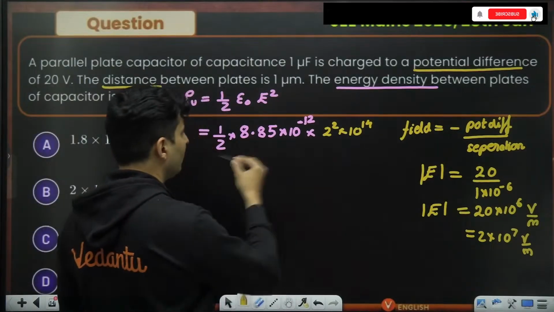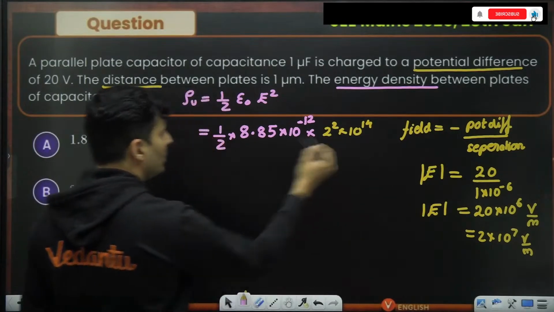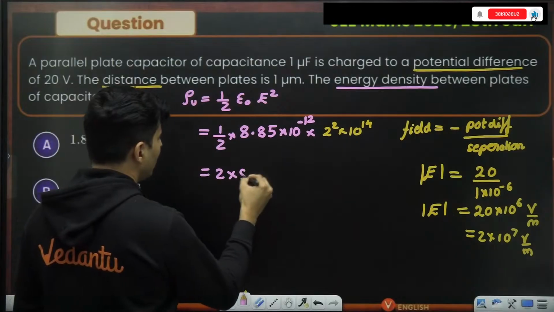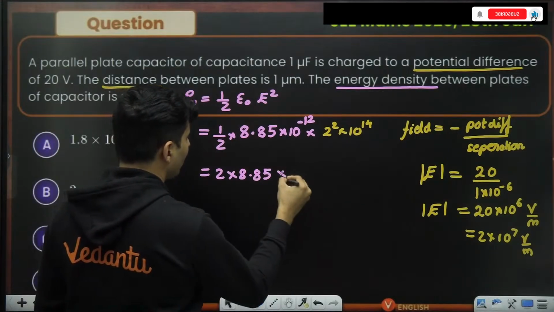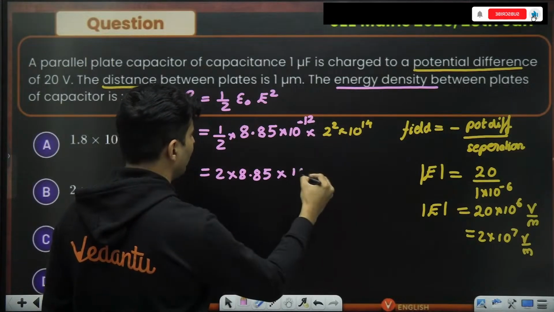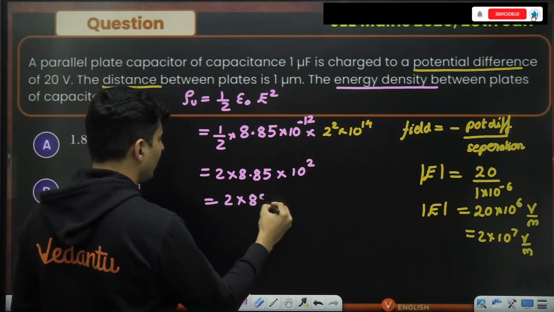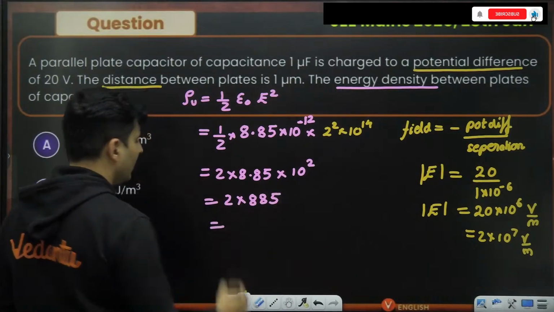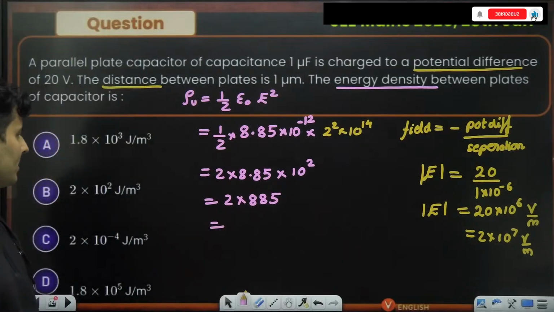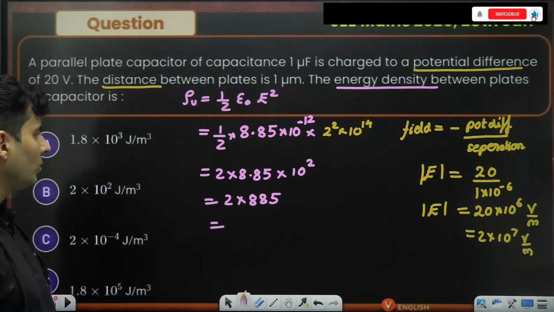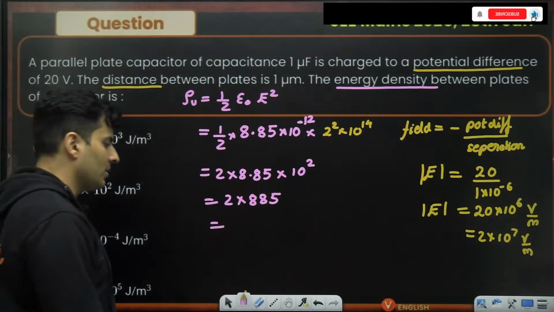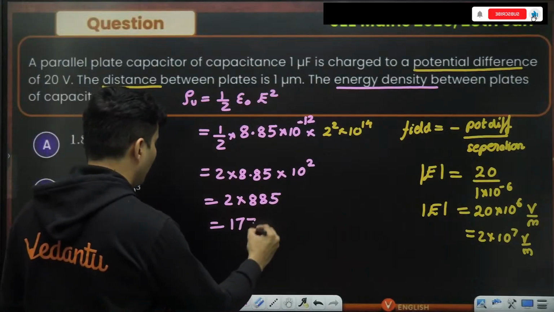So one of the 2's will get cancelled, and you are left with 2 multiplied by 8.85 multiplied by 10 to the power 14, and minus 12 will make it 10 to the power 2. So this will become 2 multiplied by 885, that's 1770.